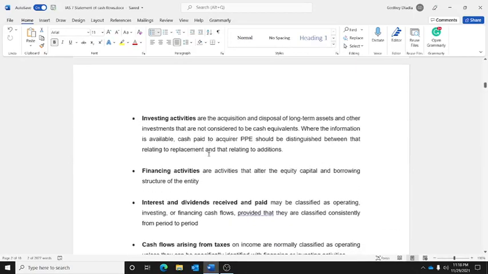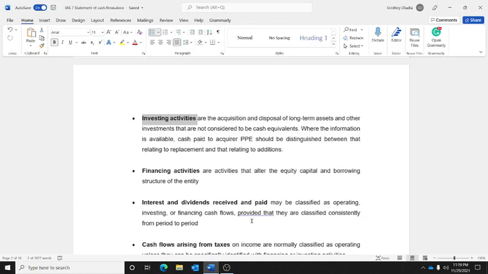Right. Then we go to investing activities. Investing activities are the acquisition and disposal of long-term assets. So that is where you dispose of your PPE, and when you are buying your PPE, you also include them in that part. And it says, and other investments that are not considered to be cash equivalents, meaning if you've got investments, you can also put them in that category.